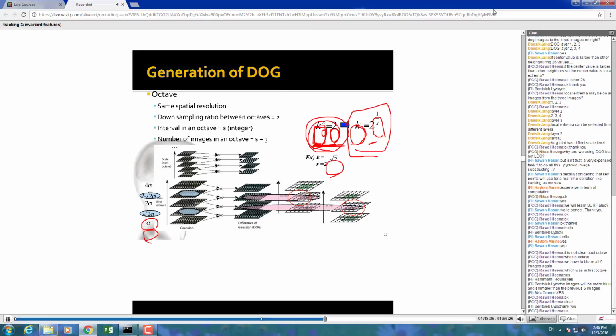So from sigma, the next Gaussian becomes square root 2 sigma, and the next one becomes 2 sigma. In this way, at every Gaussian level, we are multiplying by square root 2 again and again.